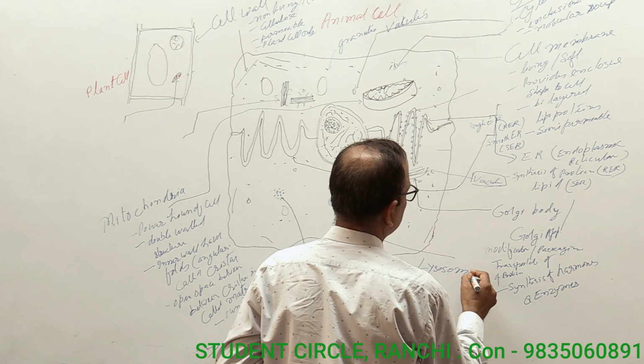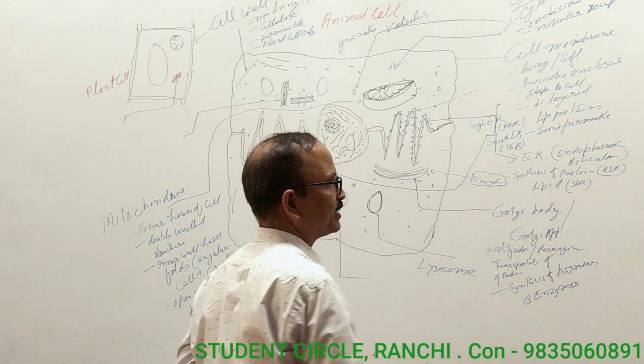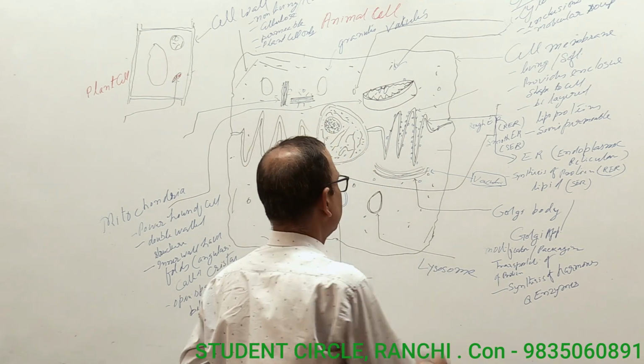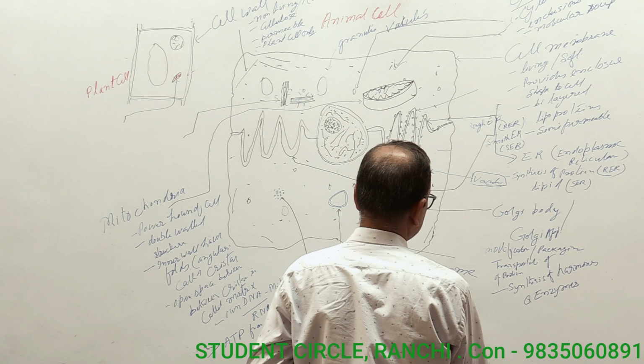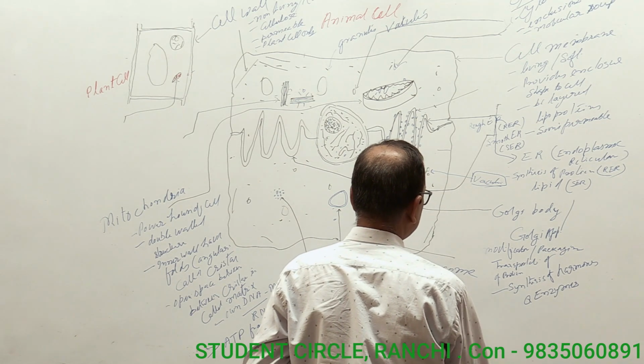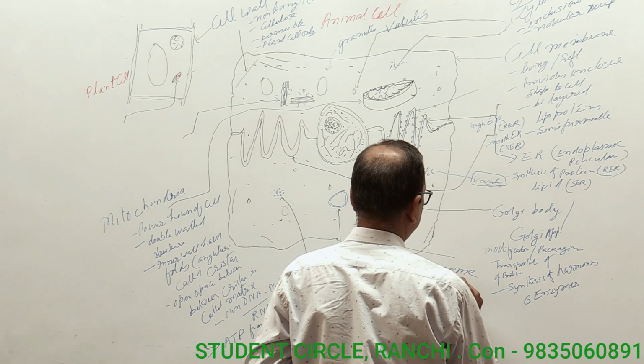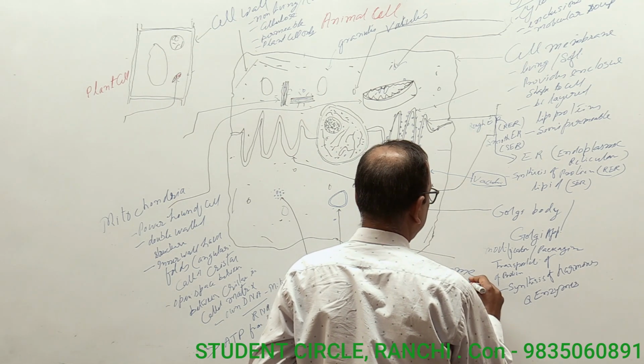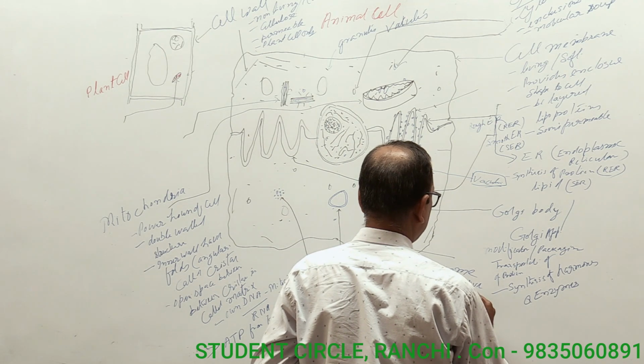The next one is lysosome. It's also a sac containing enzymes. Better we say degenerative enzymes.